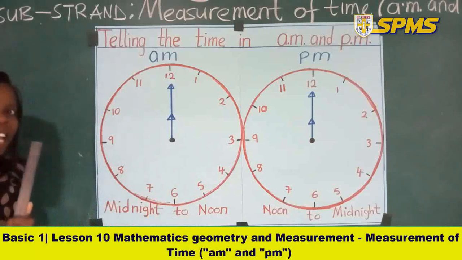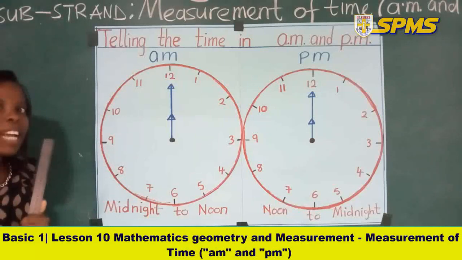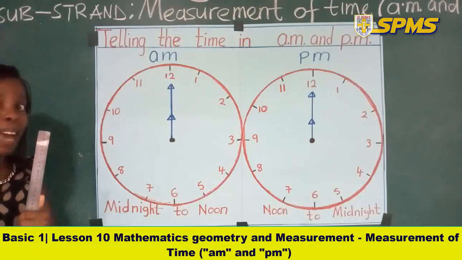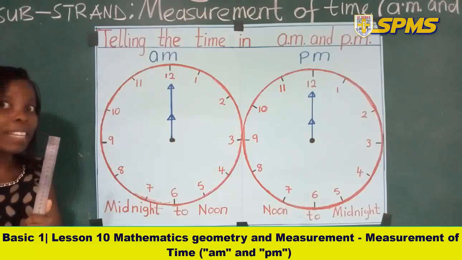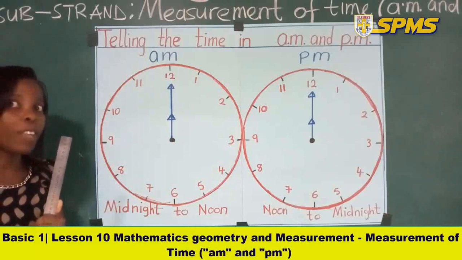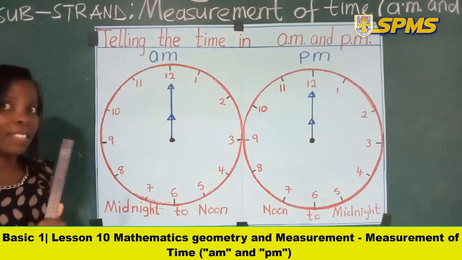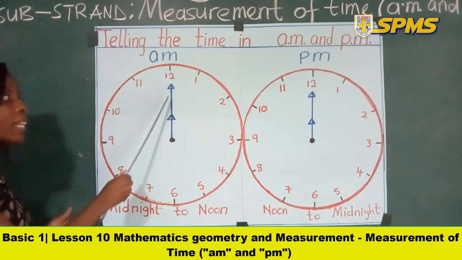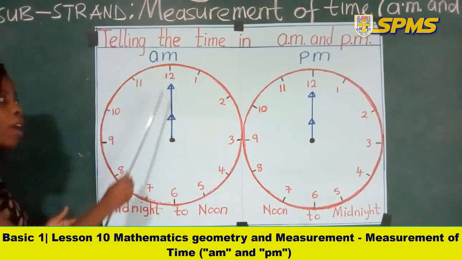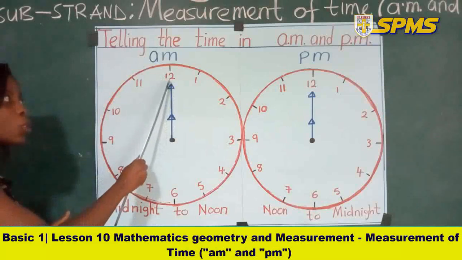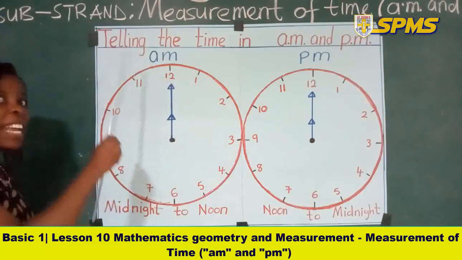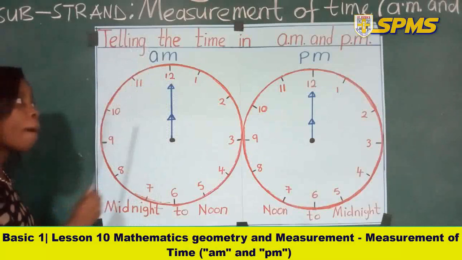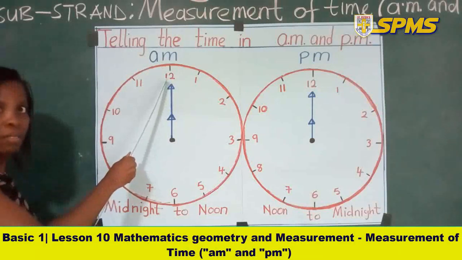The day begins from midnight. You remember the keyword midnight? We said midnight is the beginning of the day. So when the hour hand points at 12 and the minute hand also points at 12 in the night, we have midnight.